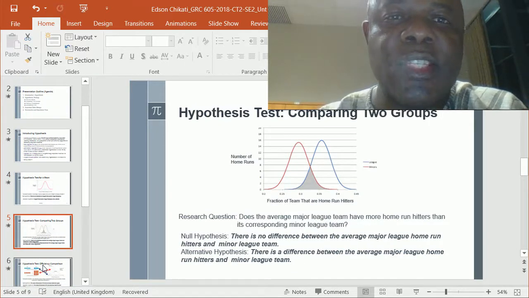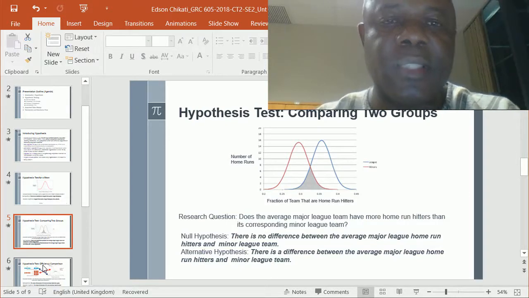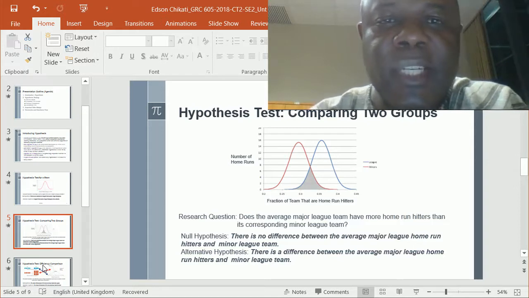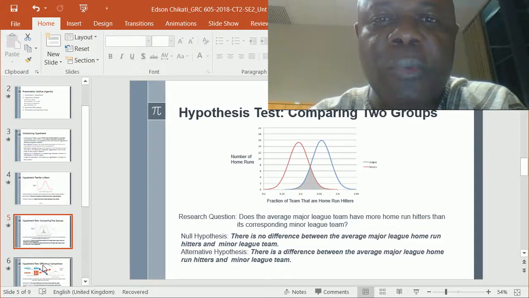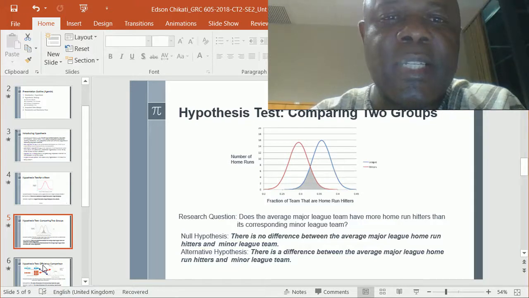Moving on to the test comparing two groups. The research question reads, does the average major league team have more home run hitters than its corresponding minor league team?